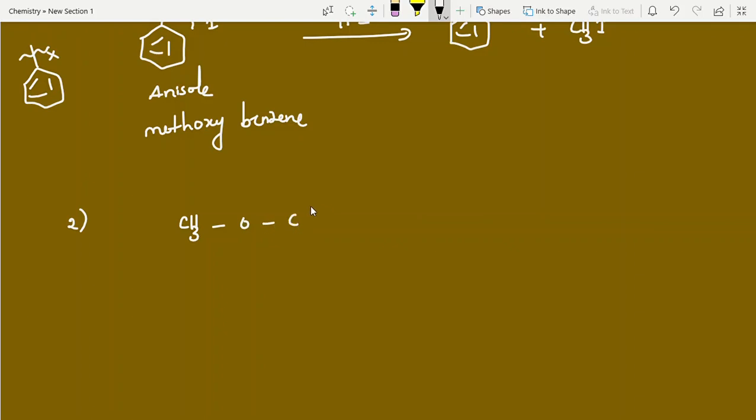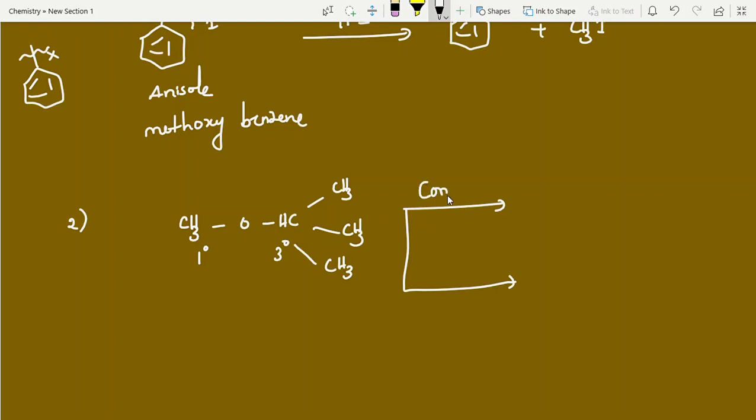CH3O, CH3, CH3, CH3. See, a bulky group is there. Okay, a bulky group is there. This is what, students? This is 3 degree, this is 1 degree. You have to remember all the conditions. Here, I am giving just concentrated HI. Here, I am giving anhydrous HI. So, anhydrous HI means always SN2. Concentrated HI with bulky groups means SN1. See, the difference is there.